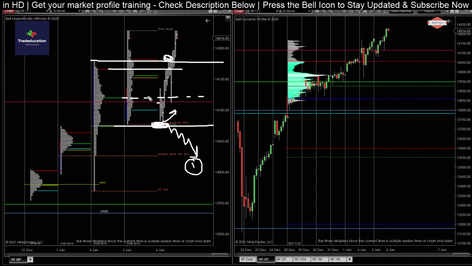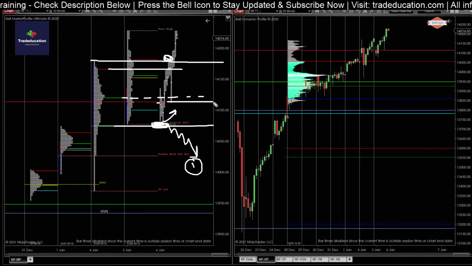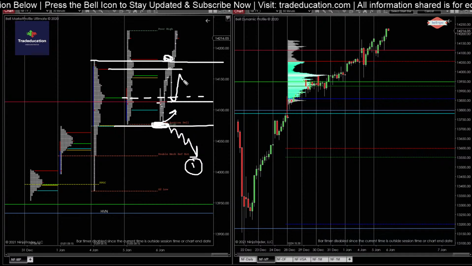So what I did is I put in a limit order around this, but it got filled here. That's exactly where the pullback was seen, and then the auction just went higher.